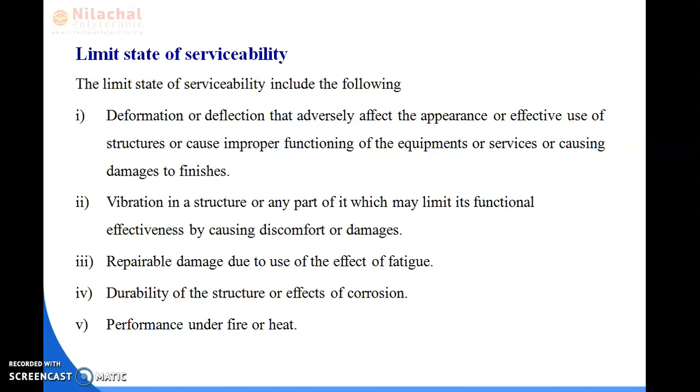The next serviceability state is repairable damage due to the effect of fatigue. Then the second one is vibration in a structure or any part of it which may limit its functional effectiveness by causing discomfort or damage.